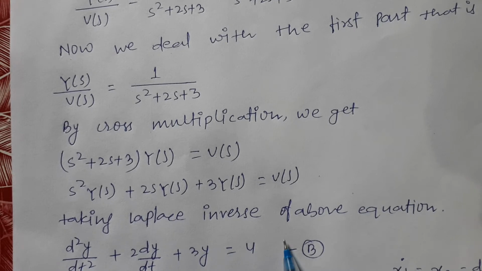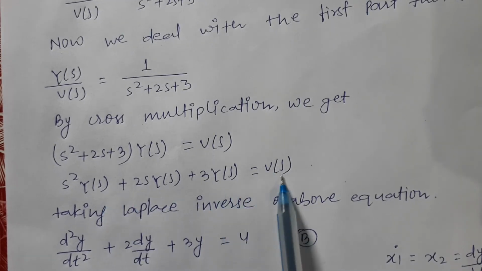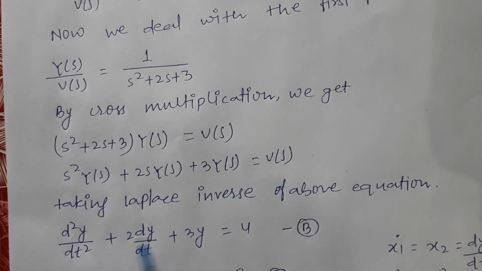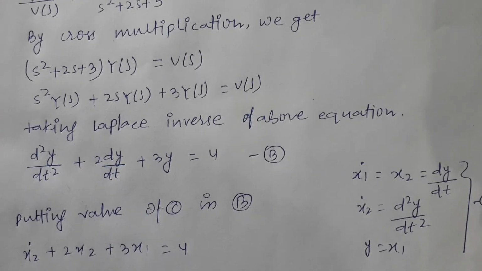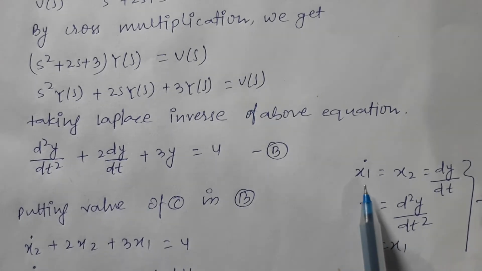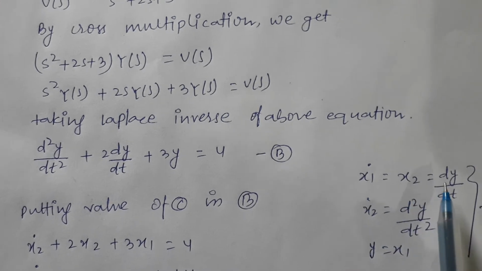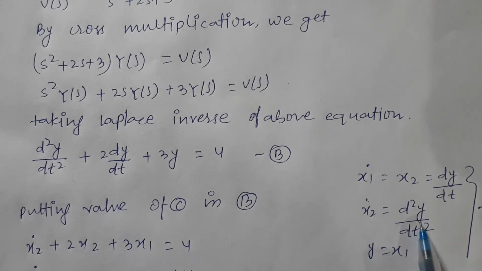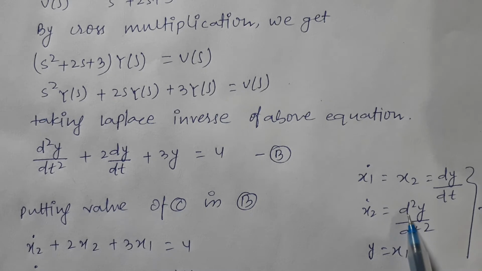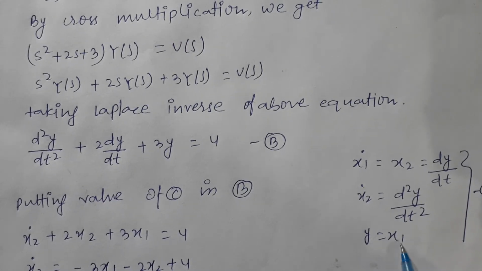Taking the Laplace inverse of the above equation, we get a second order differential equation, that is d2y by dt square plus 2 dy by dt plus 3y equal to u. As before, let us suppose x1 dot equal to x2, that is the first order differential dy by dt, and x2 dot equal to the second order differential d2y by dt square, and the output equation is y equal to x1.